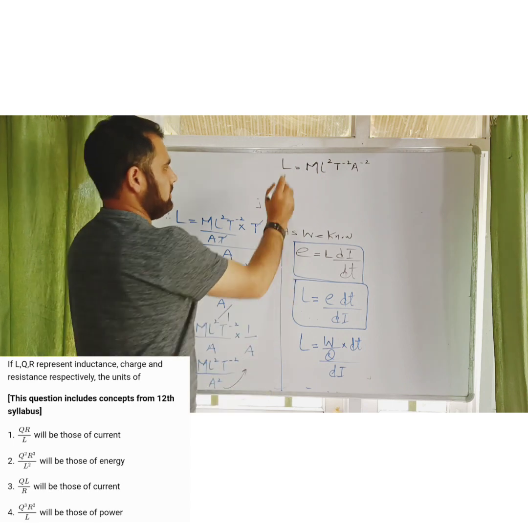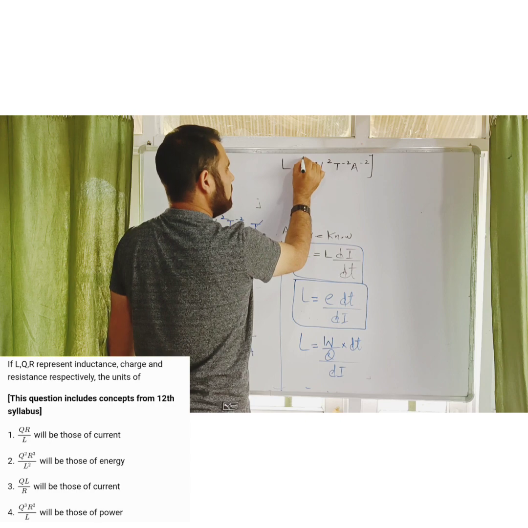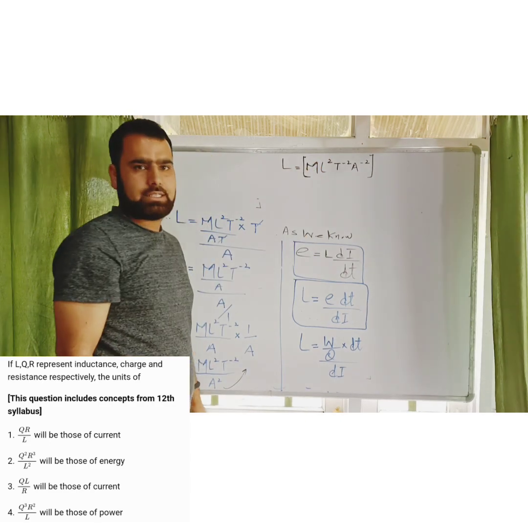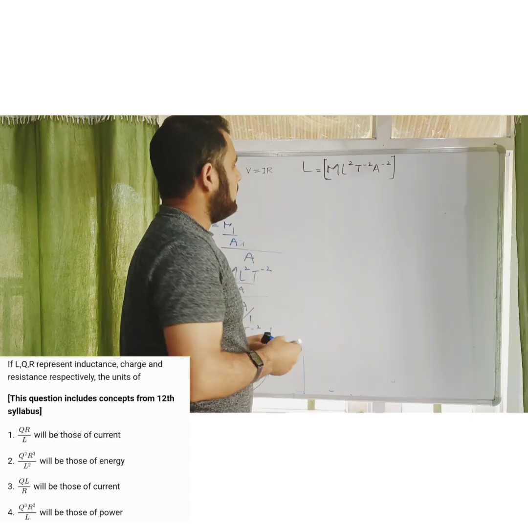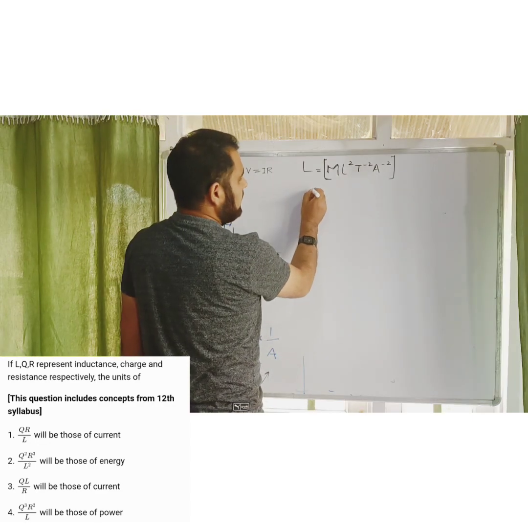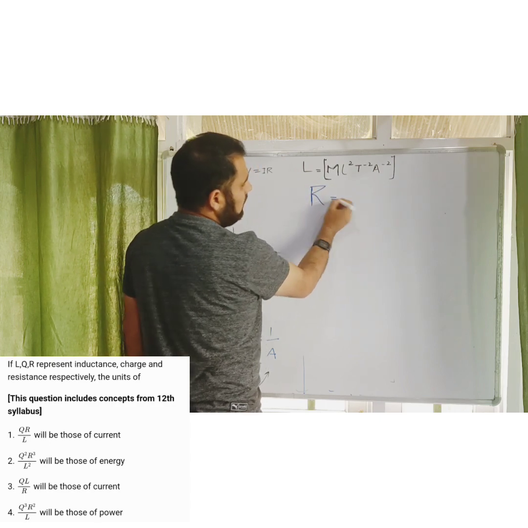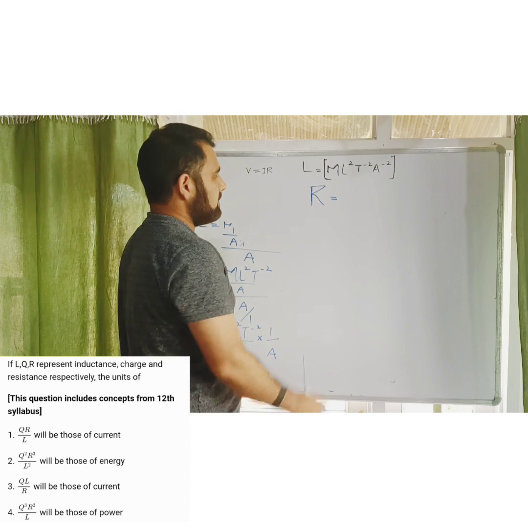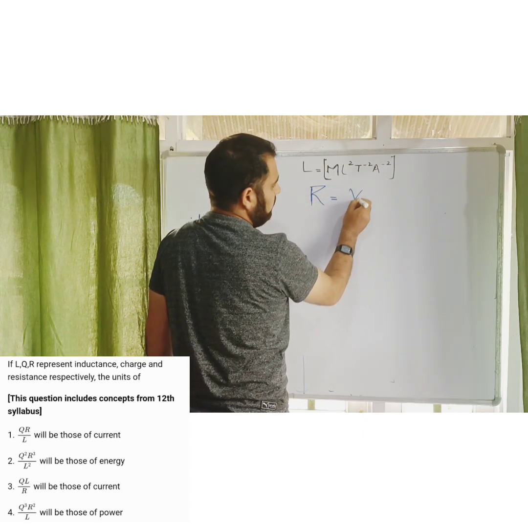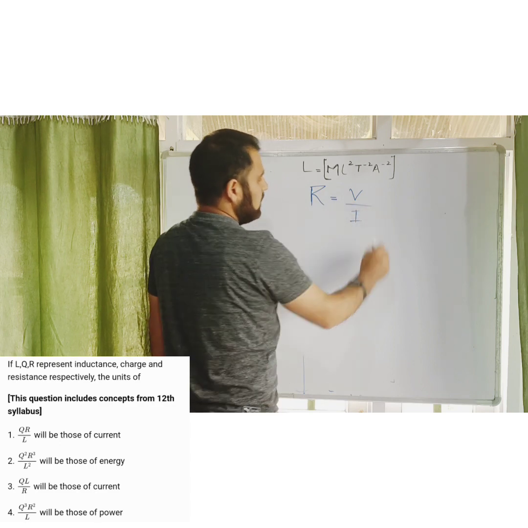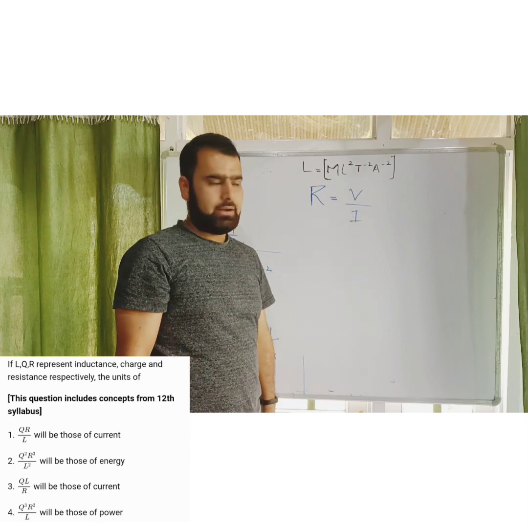Now according to the question, if L, Q and R represent the inductance, the charge and the resistance, then the dimensional formula for resistance can be calculated from Ohm's law, that is V by I, where V represents the potential difference and I represents the current.